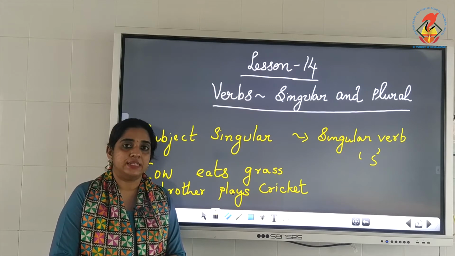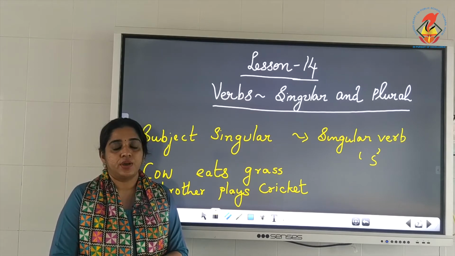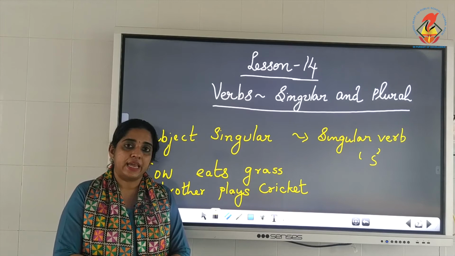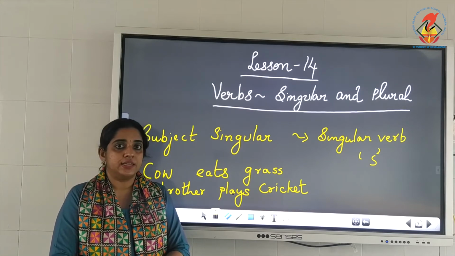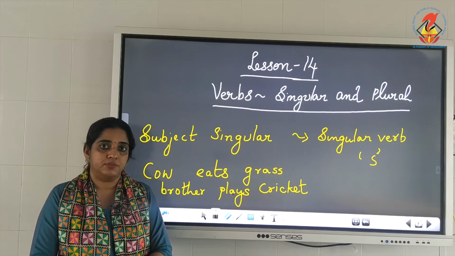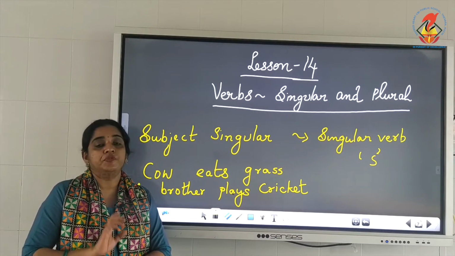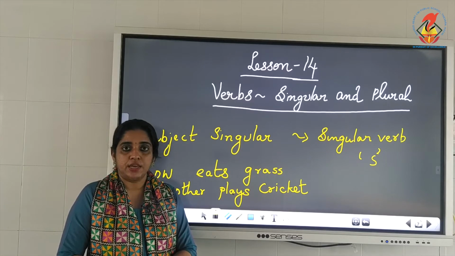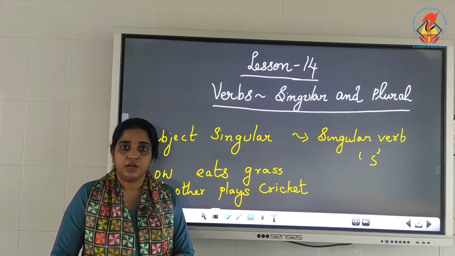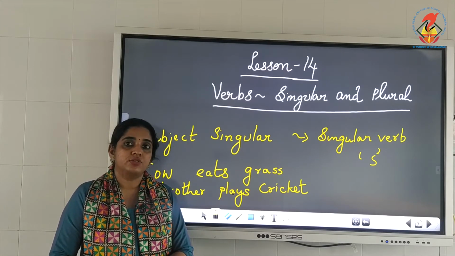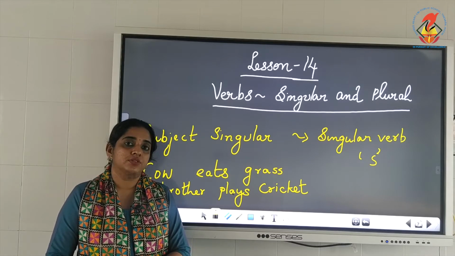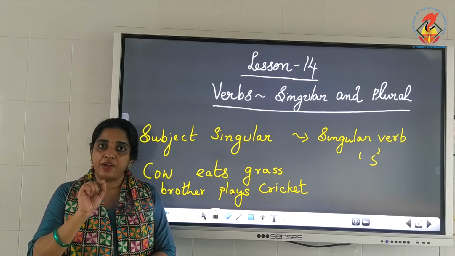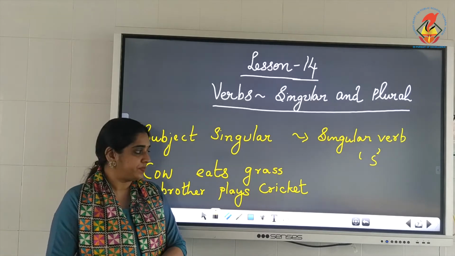Sings, plays, cooks. You can see one s at the end. S or es, some verbs will have those forms also. So what is the first rule that we studied? If the subject is singular, the verb will also be singular. That means the verb will have s at the end.